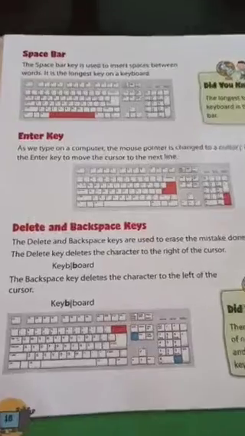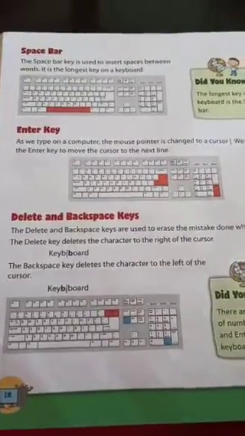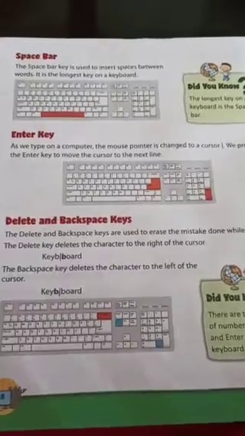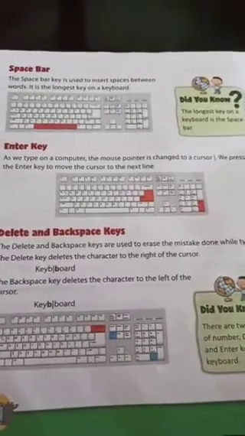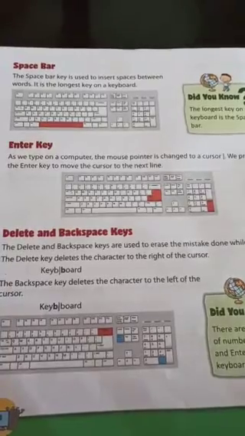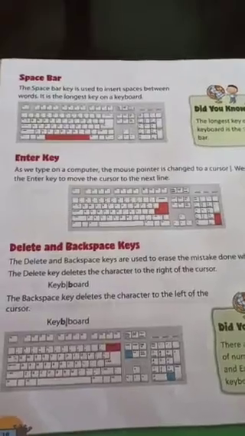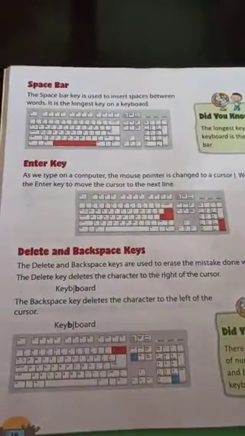Next we have delete and backspace key. The delete and backspace keys are used to erase the mistakes done while typing. The delete key deletes the character to the right of the cursor. Students, when you make some mistakes, what do you use?